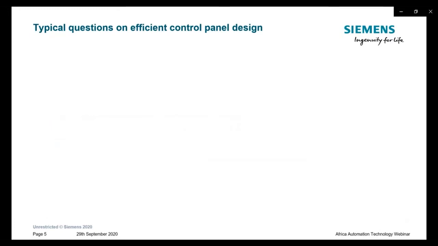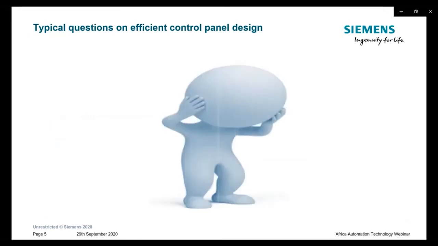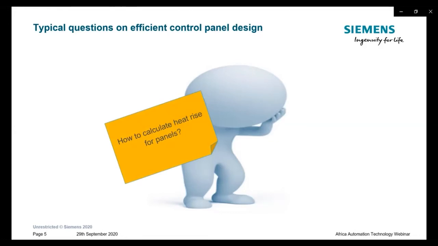Let us start with some typical questions that you may have on control panel design, and maybe you always feel like this little guy here when trying to find how to optimize and innovate what you are doing day by day. Some of the questions you may ask yourself are: how to calculate heat rise for panels?